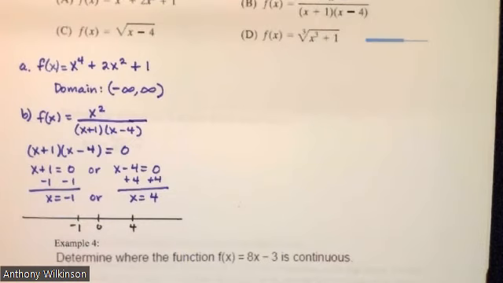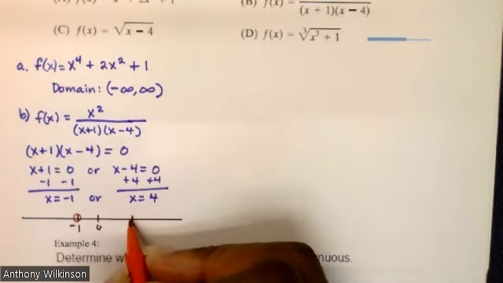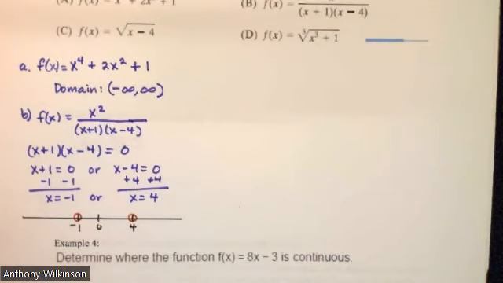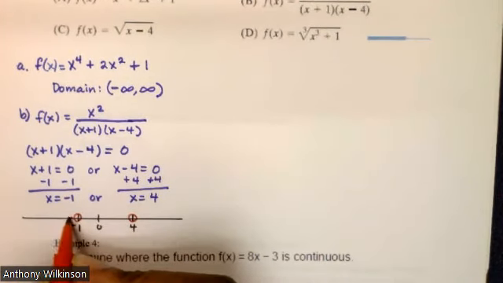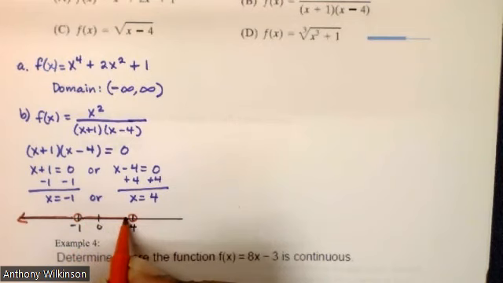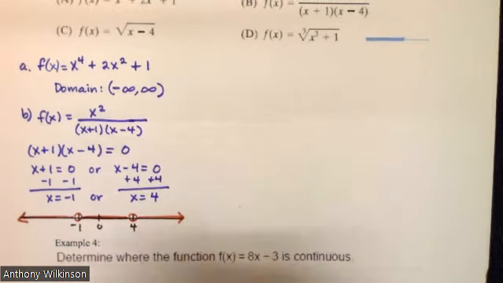So we know at -1, I'm going to draw an open circle. And at 4, I'm going to draw an open circle because those are the values of x that will give me zeros in the denominator. Any x value less than -1 would work. Any x value between -1 and 4 would work, and any x value greater than 4 would work.